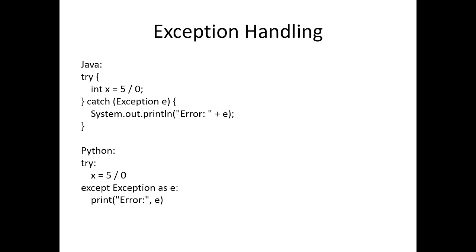You need to remember that in Java we need a try catch block, while here we need try except. A catch block takes an exception, and here except takes an exception. Again we are printing the error. In Java it is System.out.println, here it is just one print statement. So this is the difference in exception handling.